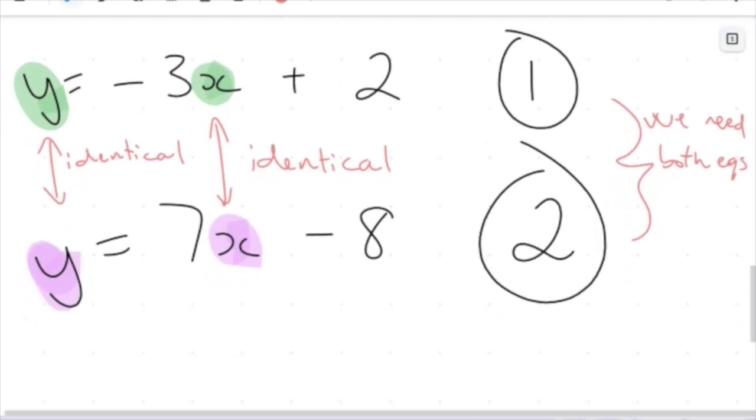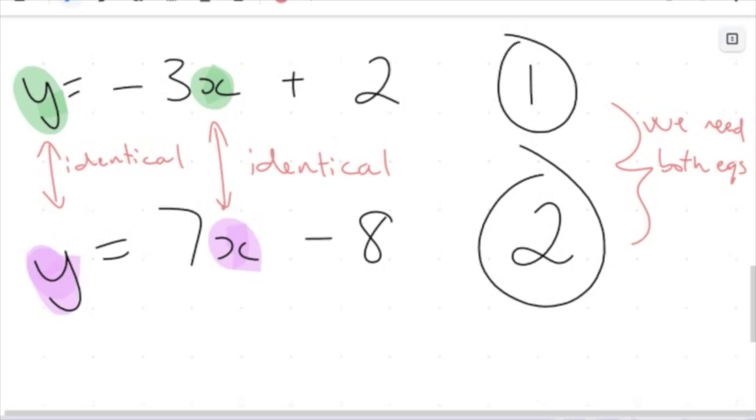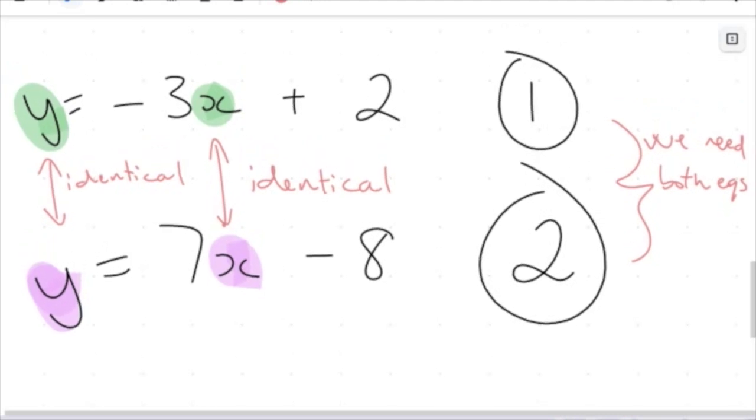So this idea and the logic and intuition behind this, that's going to allow us to make a really sneaky trick in order to solve this. Now, I'm going to talk through this a little slowly just to really get this idea through. So this y and this y are the same.